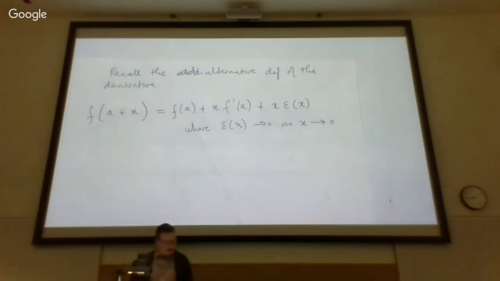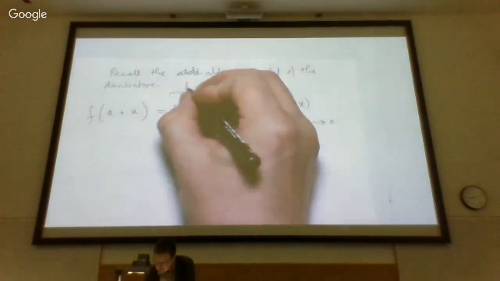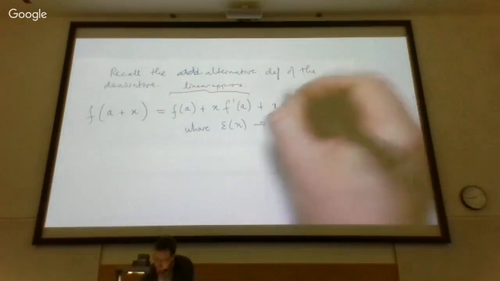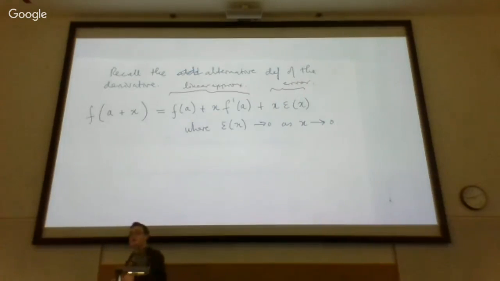So this part here was the linear approximation. And this was the error term associated to that linear approximation.